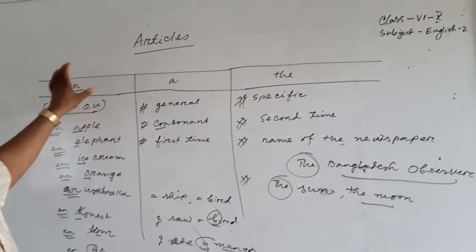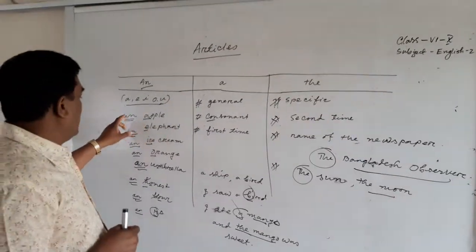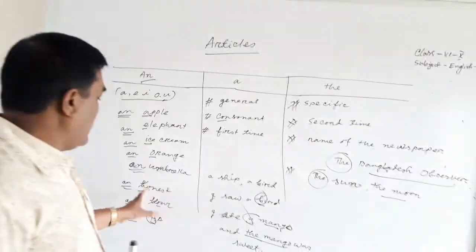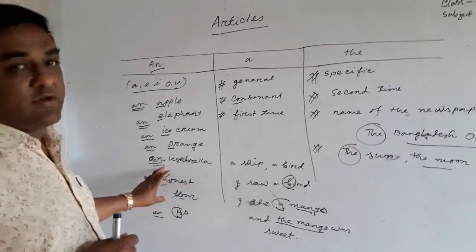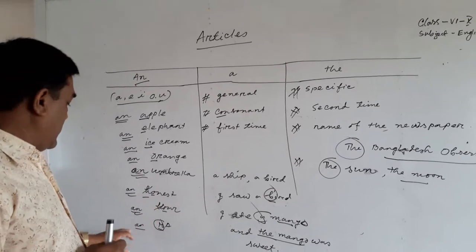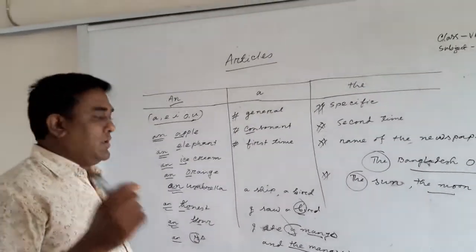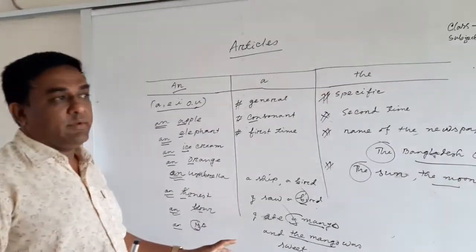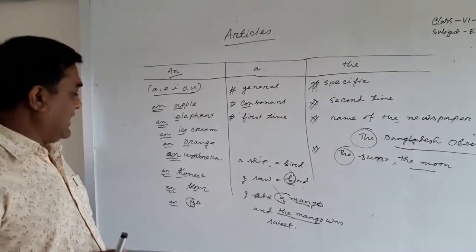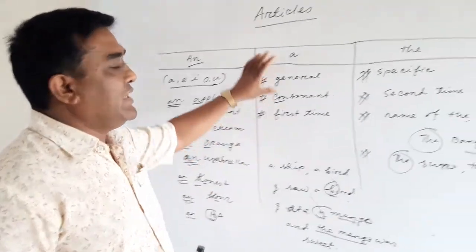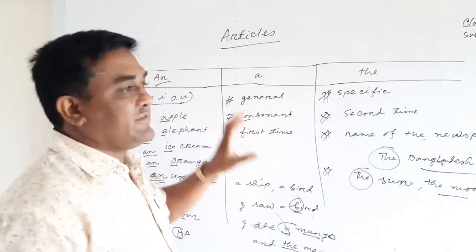We learn where we can use N. When any word begins with a vowel, we can use N. Then when a word begins with a consonant but the consonant is not pronounced, that means the consonant remains silent, it takes N. Then abbreviation, when the abbreviation begins with a consonant but is pronounced like a vowel, then it takes N. Suppose an M. Then we learn the use of A. A is used when we mention something in general.